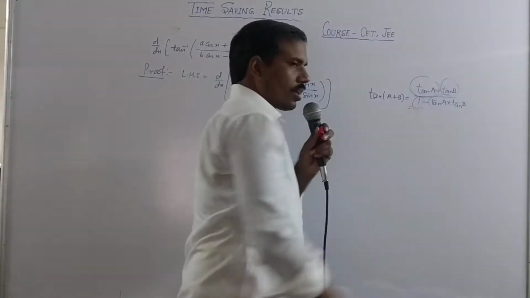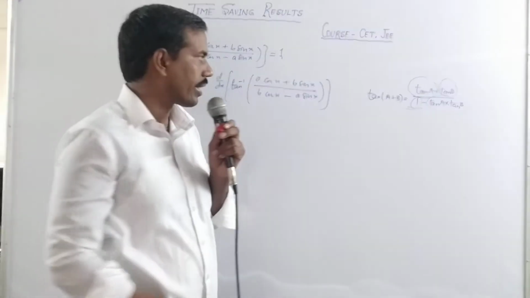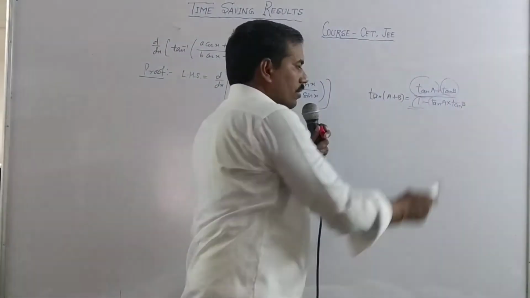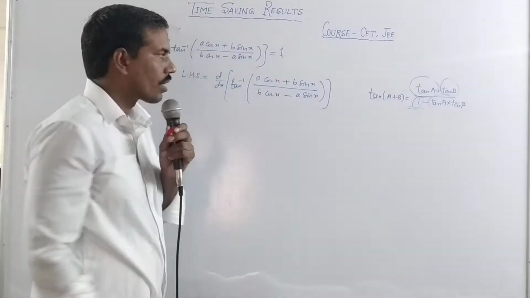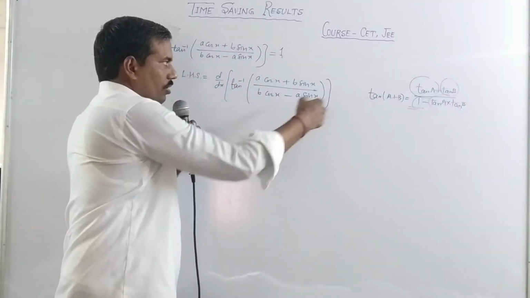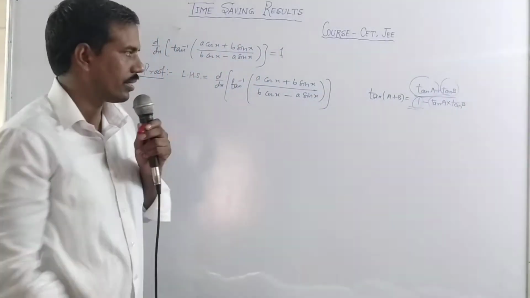Tan a and tan b are present in the numerator and they are multiplied as the second term in the denominator. We have to use that format here.